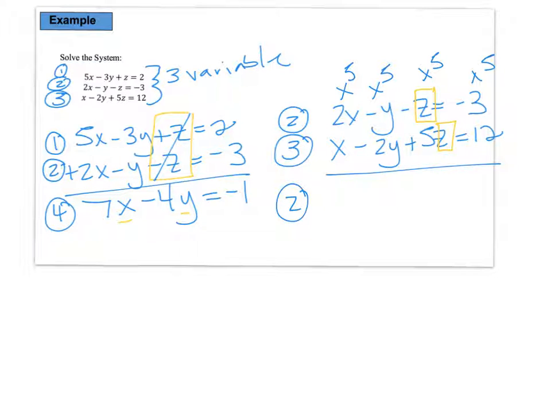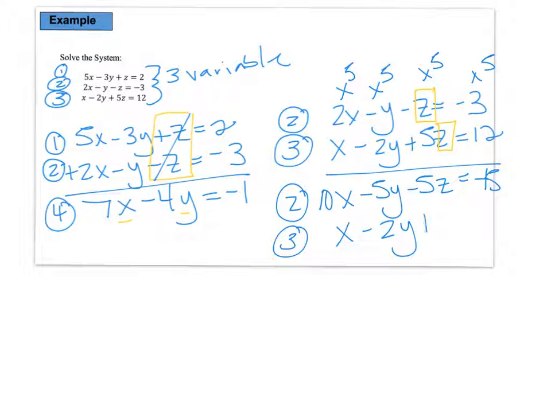So my new equation will be 5 times 2 gives me 10x, 5 times negative y gives me negative 5y, 5 times negative z gives me negative 5z, and 5 times negative 3 gives me negative 15. This is my new equation for 2, and I'm going to add it to my original equation for 3. And you can see that negative 5z plus 5z, those are going to cancel out.